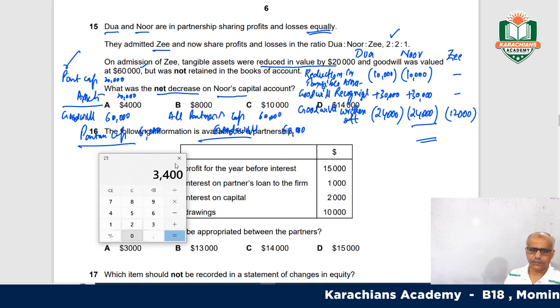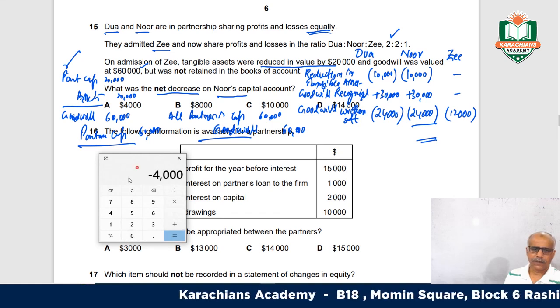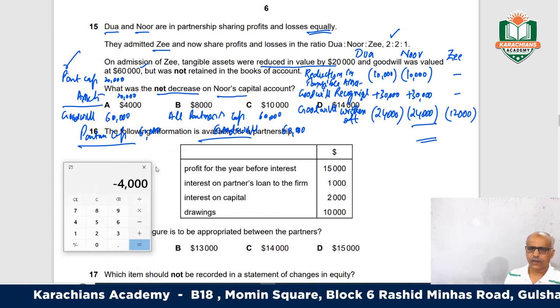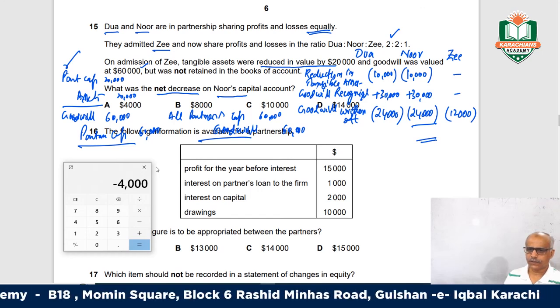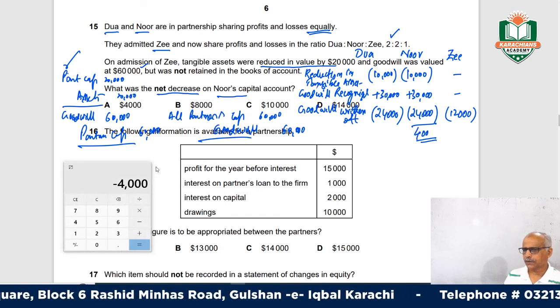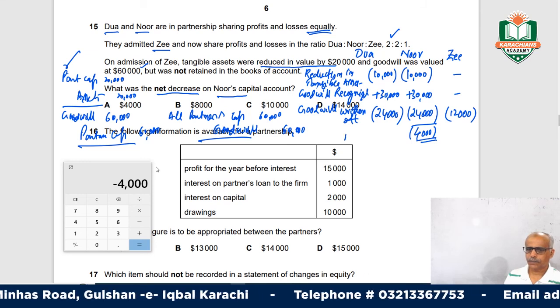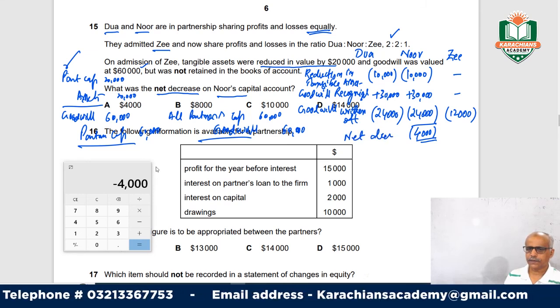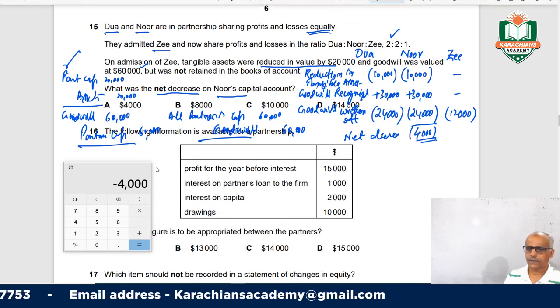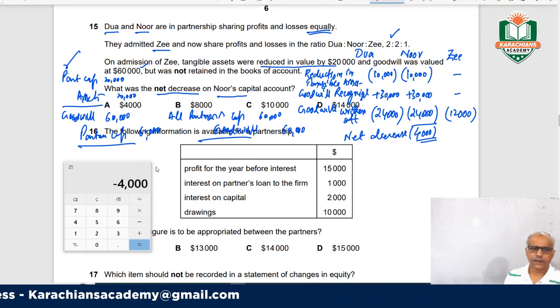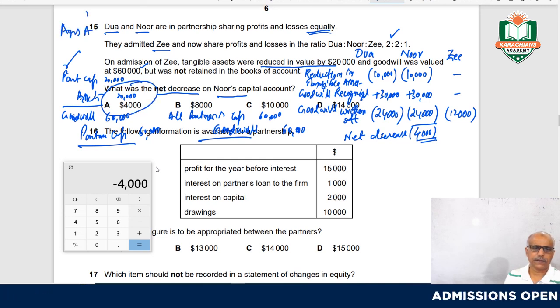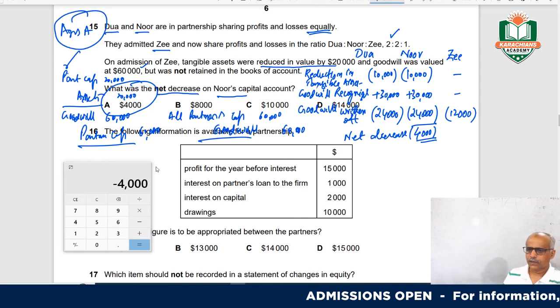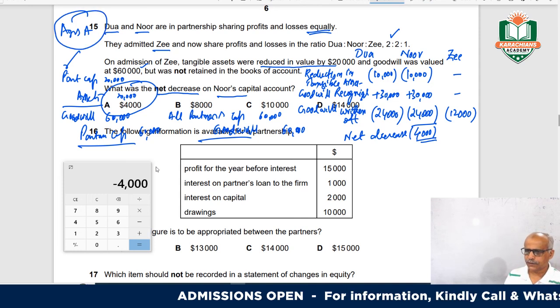So 4,000 is the net decrease, so your answer will be 4,000. Right? So your answer will be option A. Move on to the next.